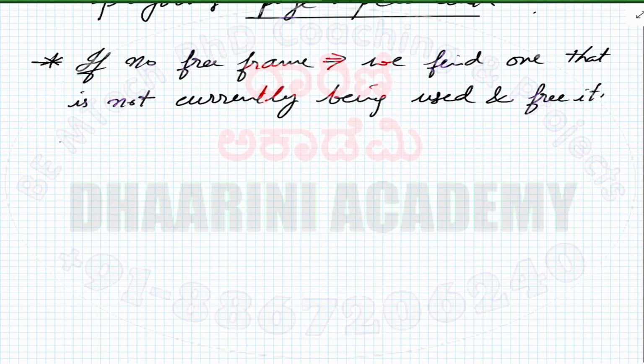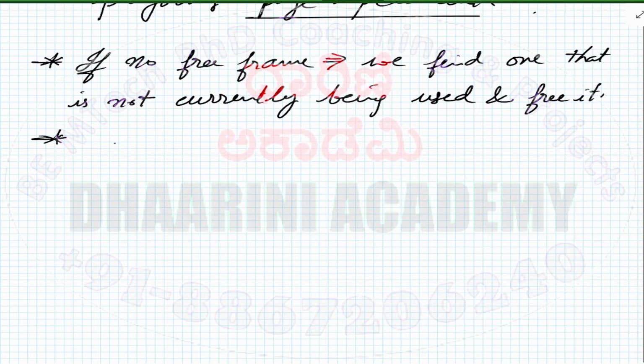So that's the idea. Now we'll see the steps, which exact steps need to be followed to have the page replacement. But now we are looking at the basics: how can you free a frame?